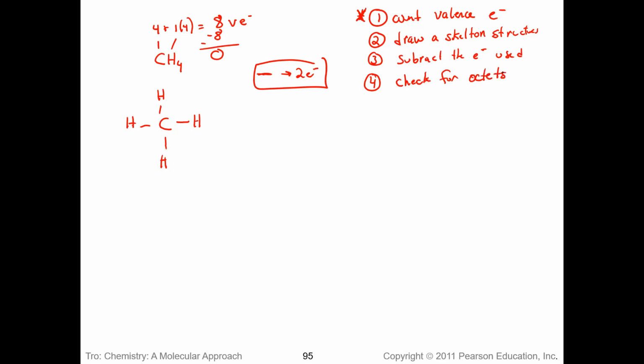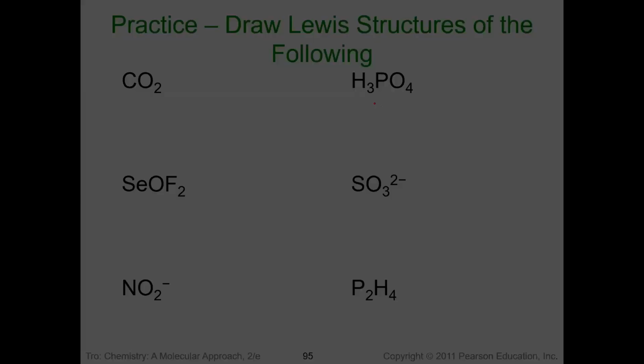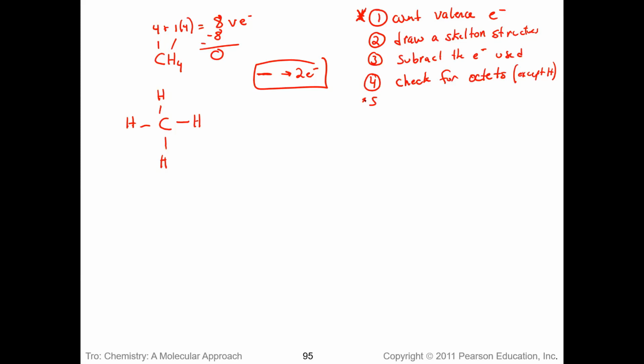I'm going to talk about this one, hydrogen. I'm going to put another exception in later. Check for octets. What does it mean to check for octets? So checking for octets, I'm going to put down here.